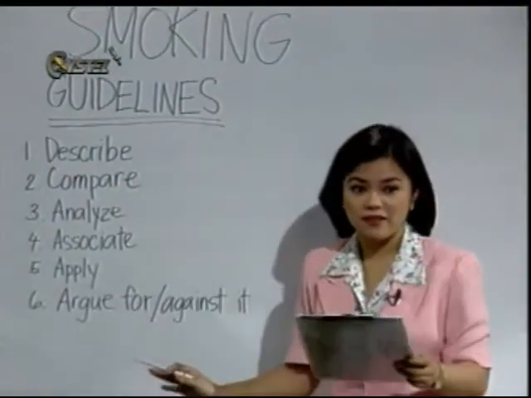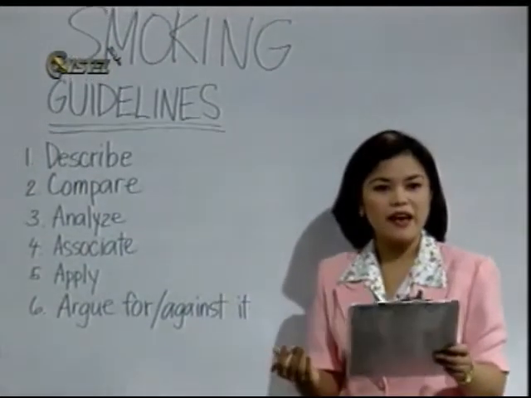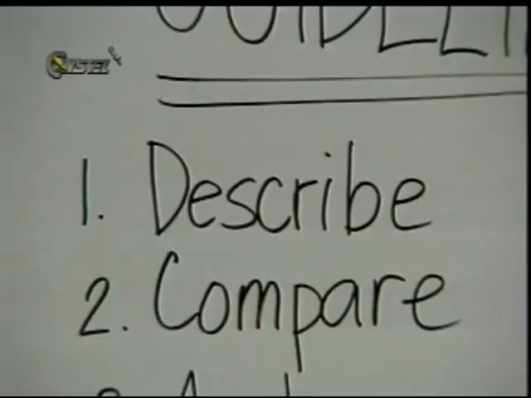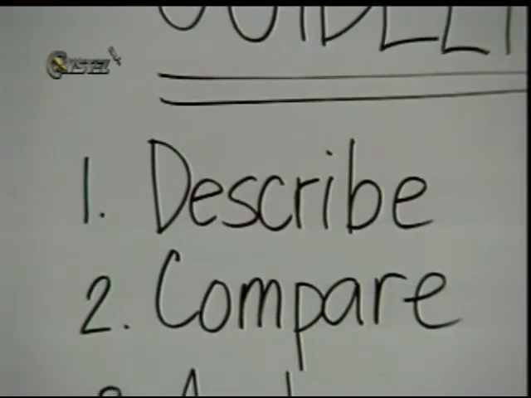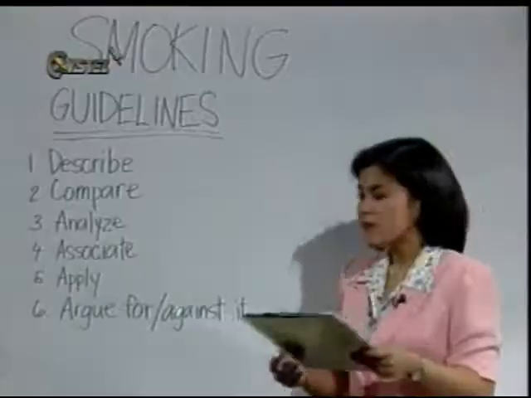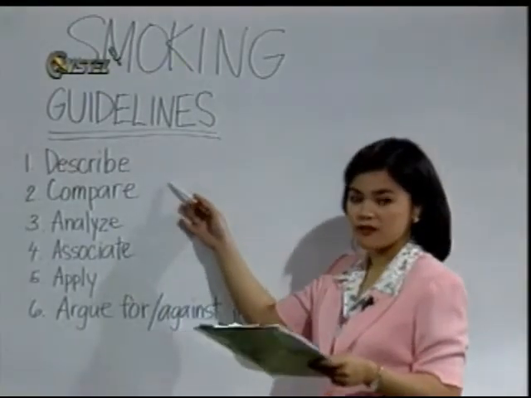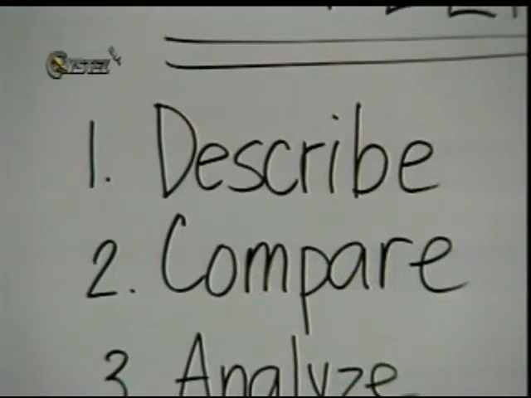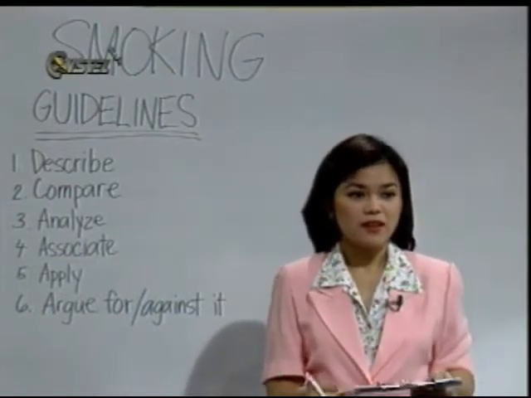First, describe it. Okay? You can ask questions like, what does it look like physically? What do you see? How does it smell, feel, taste, sound? Okay? And then after that, compare it. What is it similar to? What is it different from? Class, do you follow?